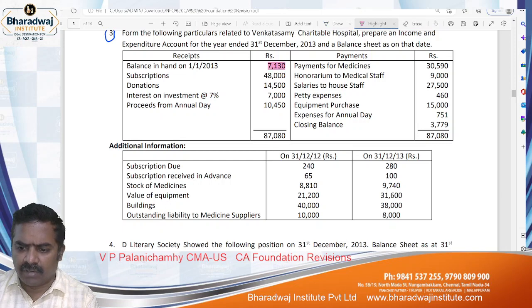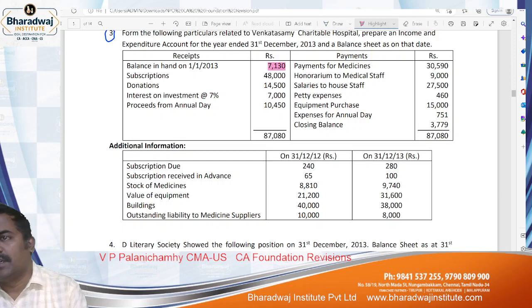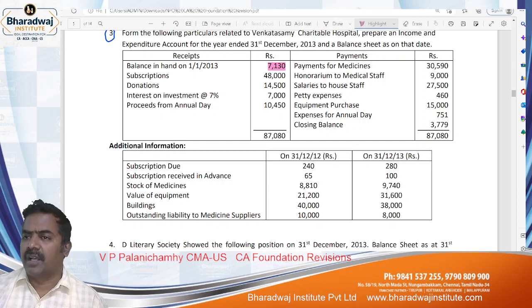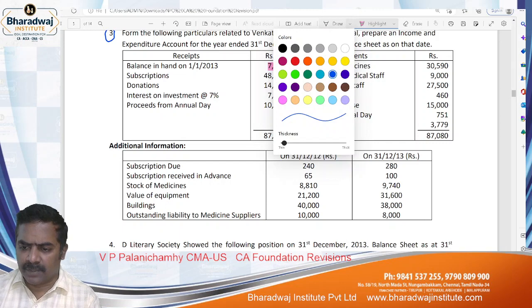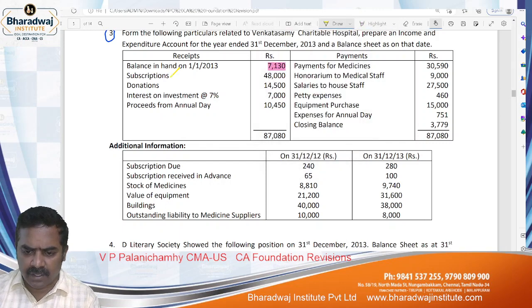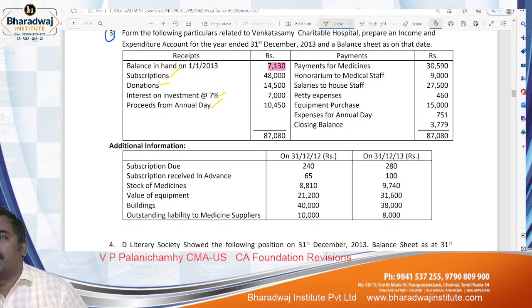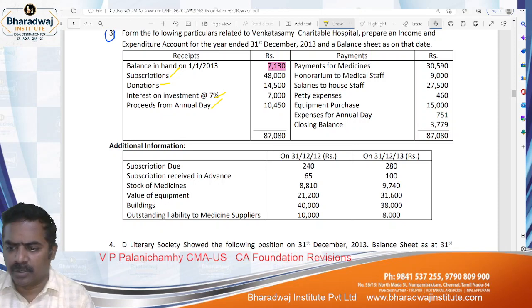Then what about subscription? Income. Donations? Income. Proceeds from annual day, interest on investments, all are income. So simple, all the others are incomes. Whether it is subscription, donation, interest on investments or proceeds from annual day, will you take it to the balance sheet or the income and expenditure account? Income and expenditure account.